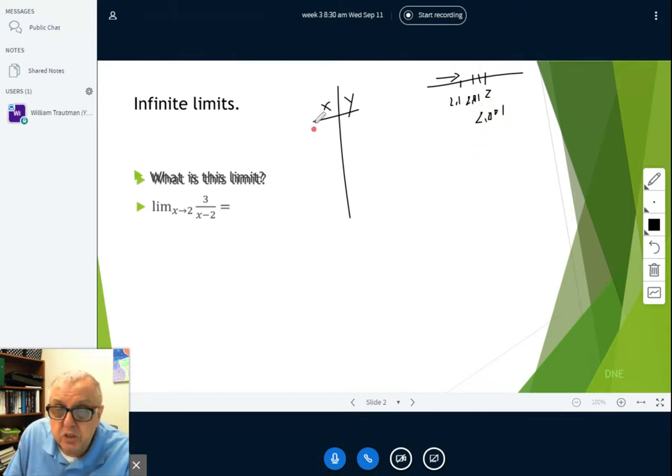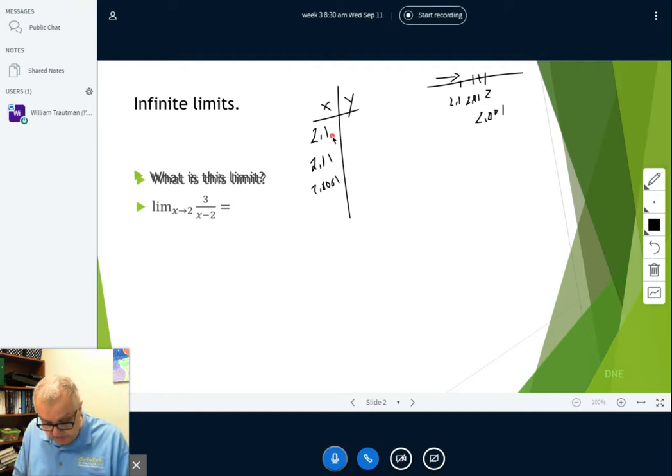So let's first put 2.1 in this function and then 2.01. Then if I want to get crazy, I can put 2.0001 and see what I get.